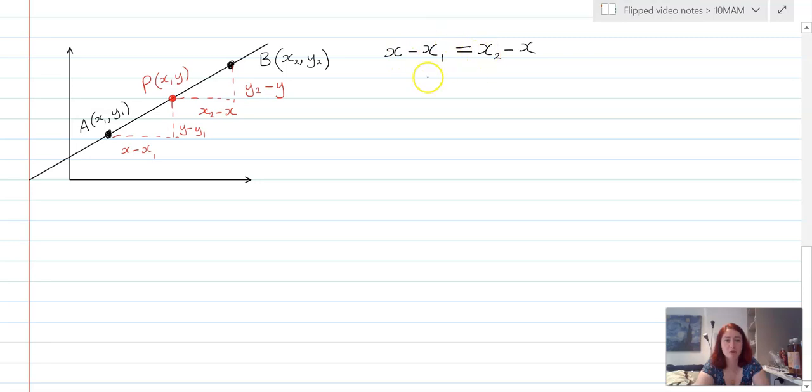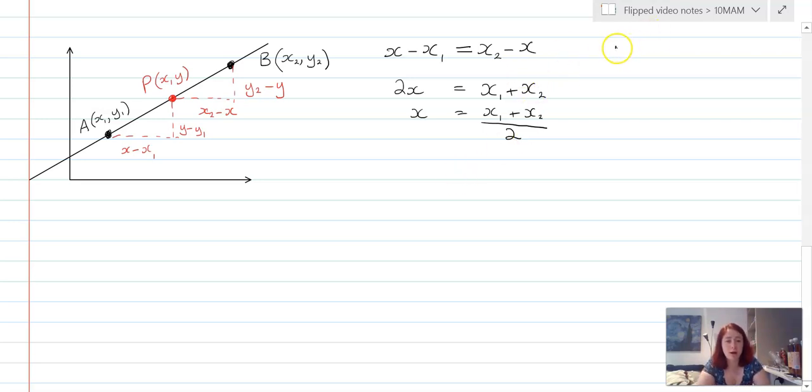If we rearrange that, we can write that as 2x is equal to x1 plus x2. So x is going to be x1 plus x2 divided by 2. Basically, we're saying to find x, we add the 2 x coordinates of our 2 points and find the average of them. So add them up, divide them by 2.